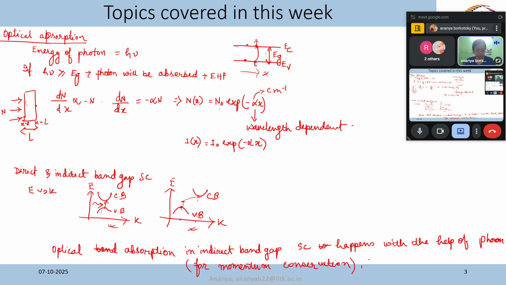And hence it is not very efficient. So we prefer direct bandgap semiconductors for optical applications.